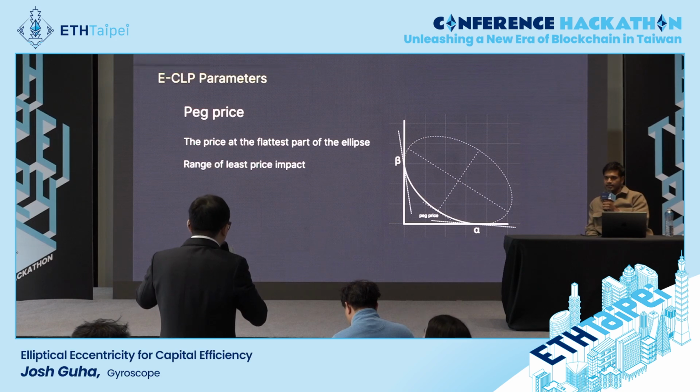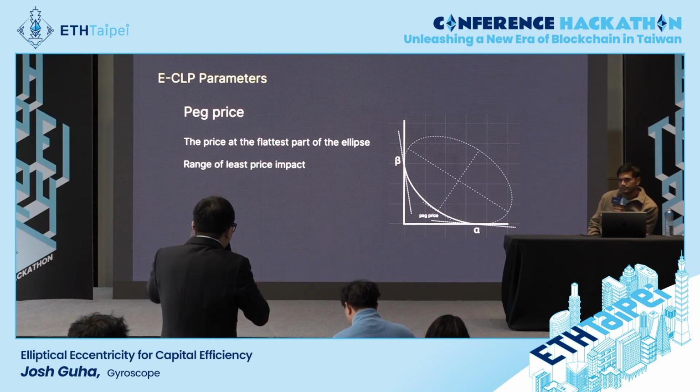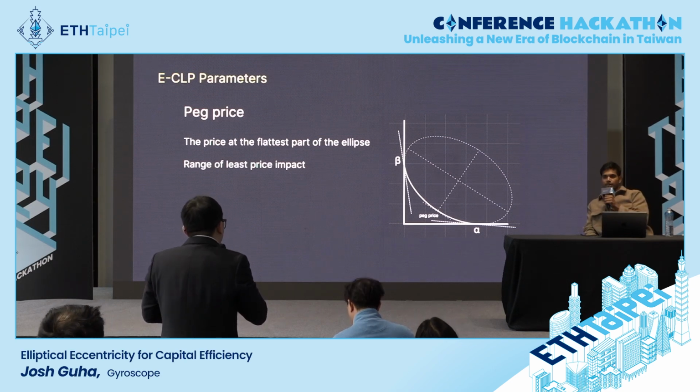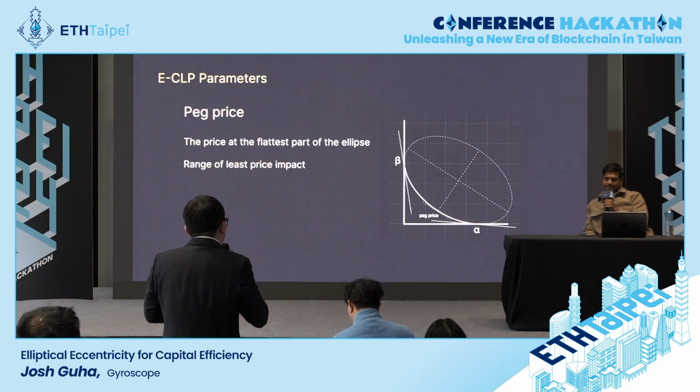And the second question is about the sandwich attack. I believe there will still be some sandwich attacks, but will the sandwich attack get a bigger benefit in this new type of pool or not? Right. So we're currently building on top of Balancer.